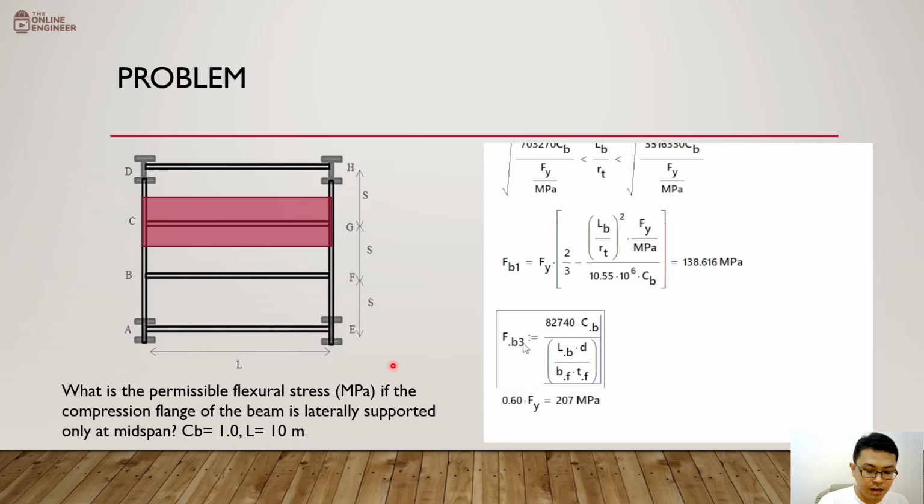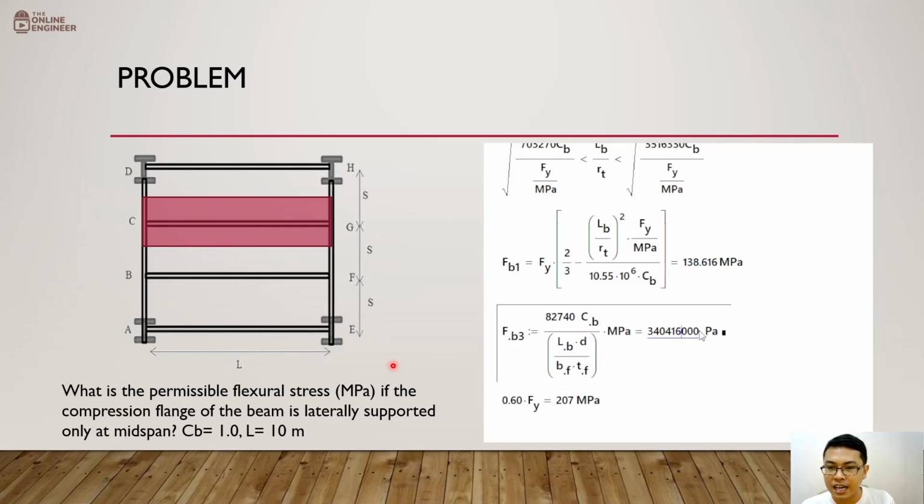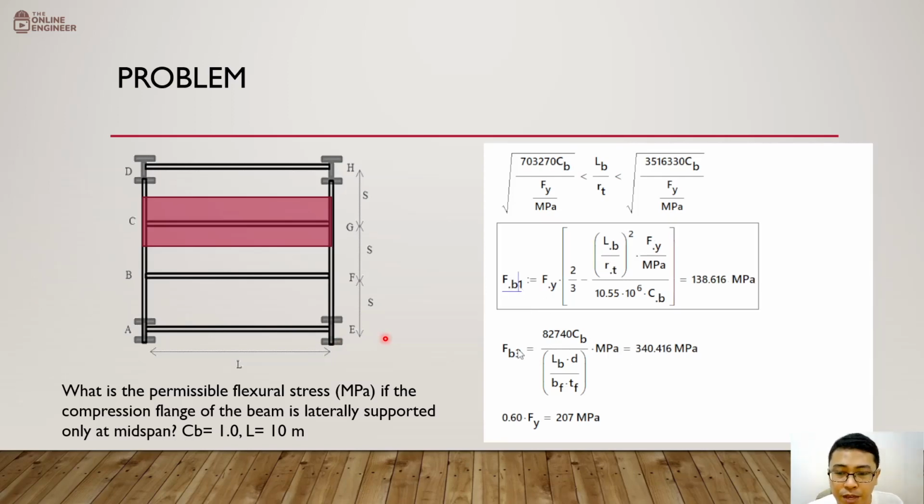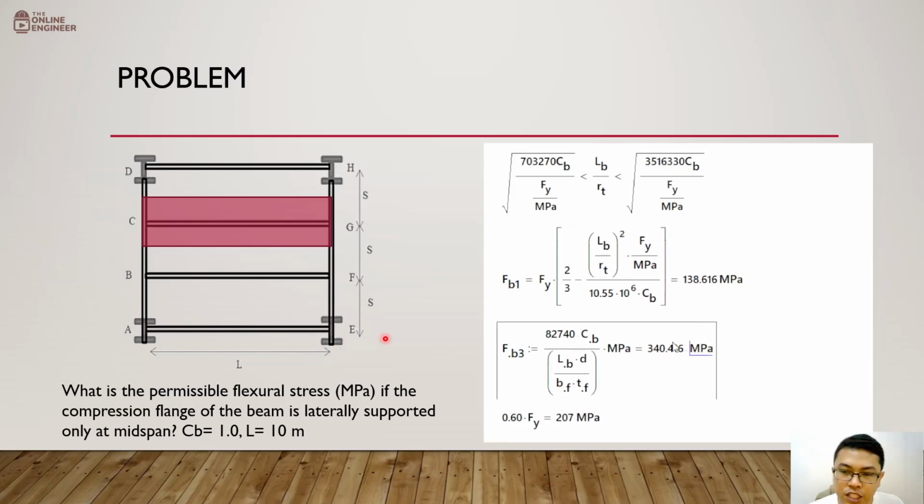So everything here, let's just express in terms of megapascal. And this would be our answer: 340.416 megapascal. Okay. So we now have our FB1 and FB3, and the limit of these two that we're going to consider.